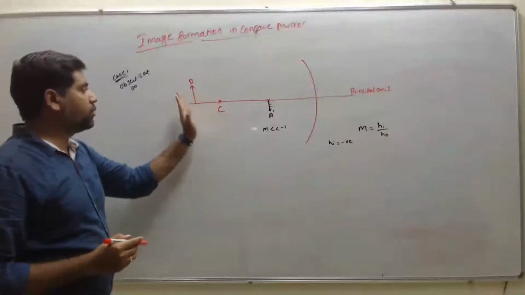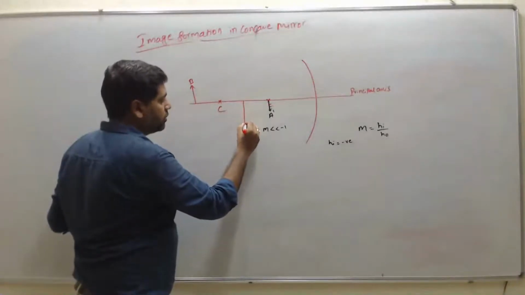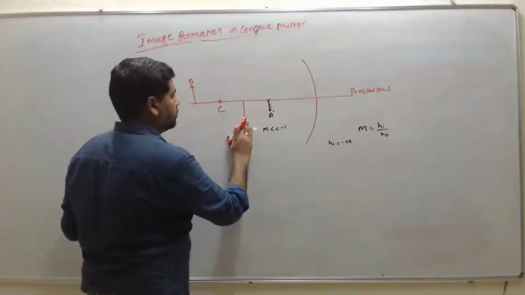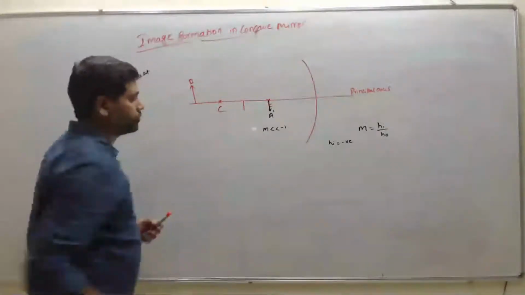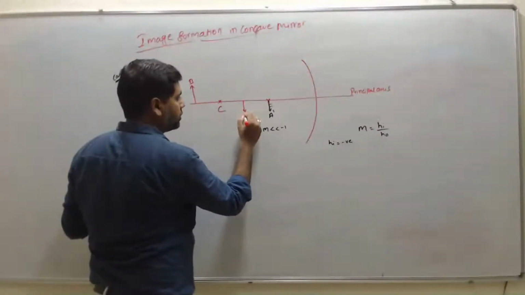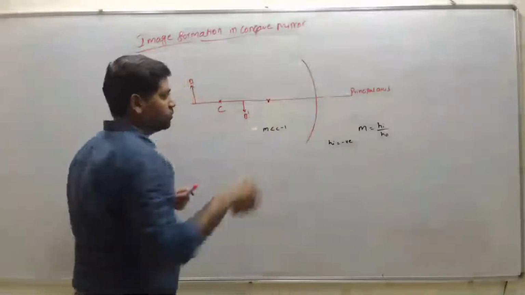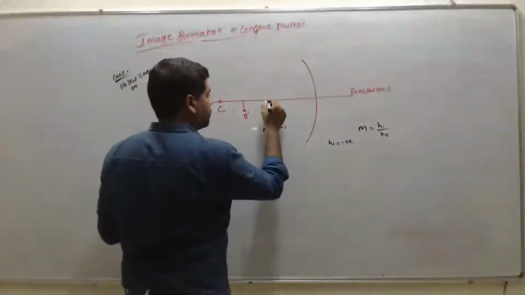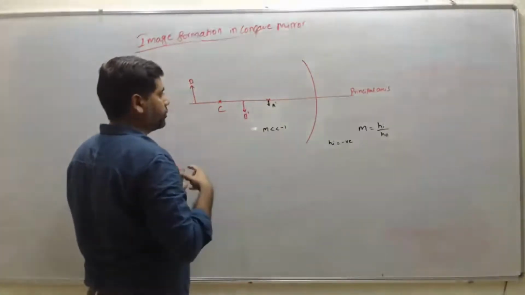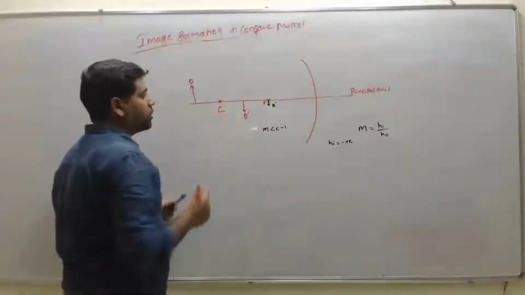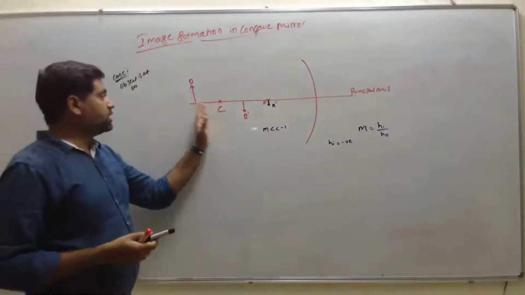Then the image is formed between C and F. Here is B dash, here is A dash, and the point is F. The focus, and the center of curvature is C, right?